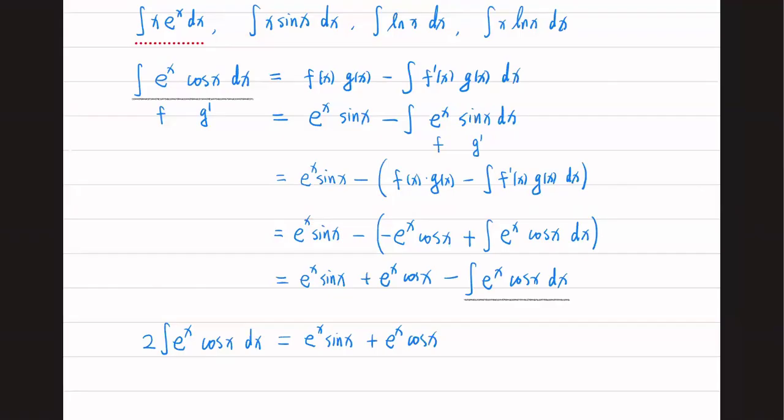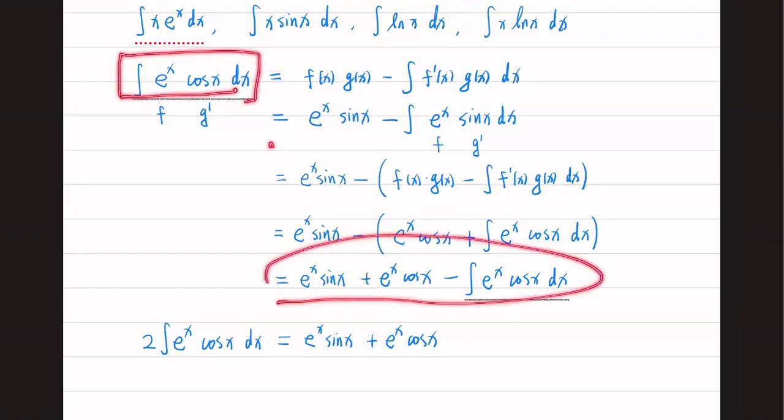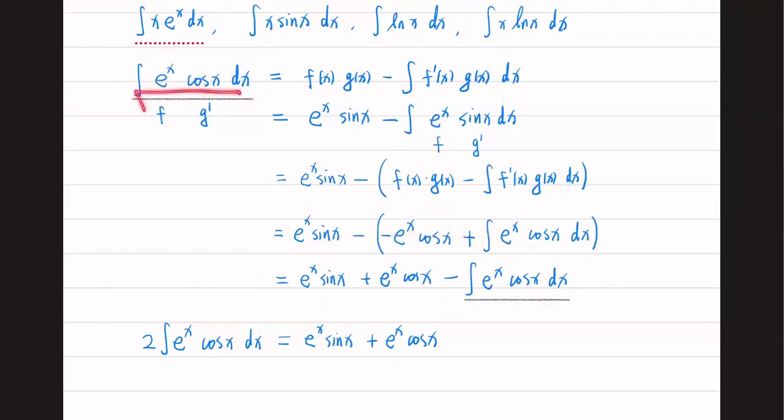Okay, so instead of finding the integral by integration by parts directly, we end up with an equation. It's not done, but it's good enough, in the sense that we can find this. We divide by 2, this gives us the integral.